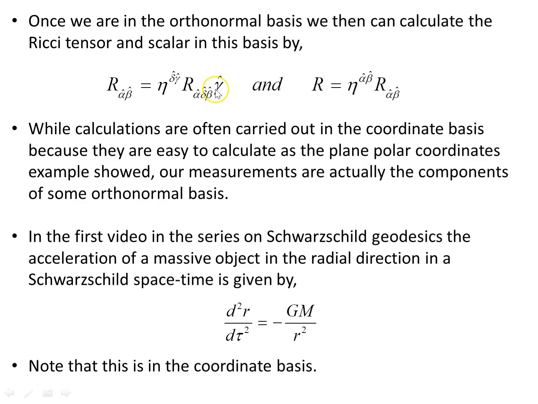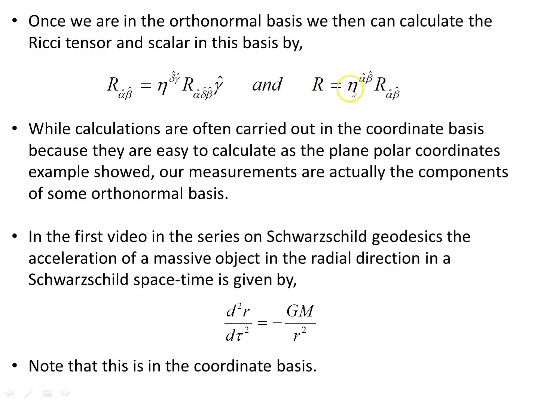So if we want to get the Ricci tensor in the orthonormal basis, we multiply by the inverse Minkowski metric with both indices raised, and that will sum out the delta and the gamma, and we'll be left with our Ricci tensor with the alpha hat, beta hat components. So that's in the orthonormal basis.